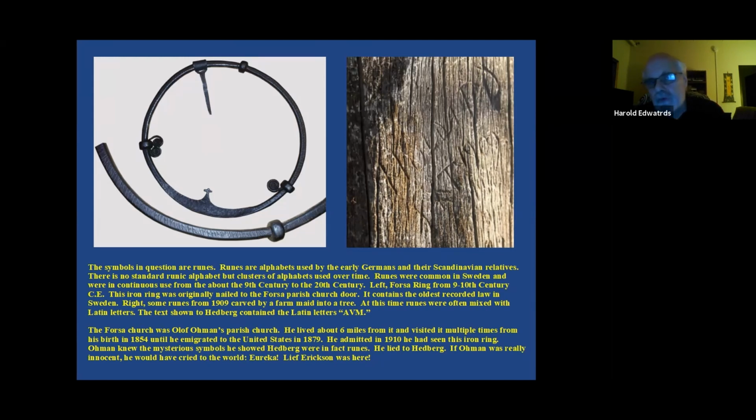I picked the Forsa Church as an example because Olaf Ohman was born in Forsa Parish in 1854, and he lived there until 1879 when he emigrated to America. He saw this ring in the parish church. It was no longer nailed to the door, but it was on display there. What I want you to understand is that when he told Hedberg about his discovery, he in fact knew what runes looked like, and he was pretending not to know.